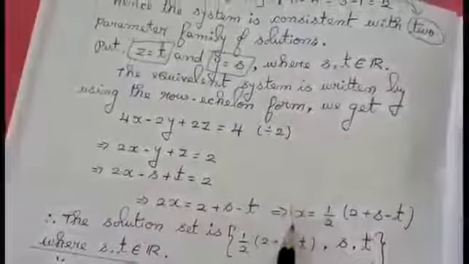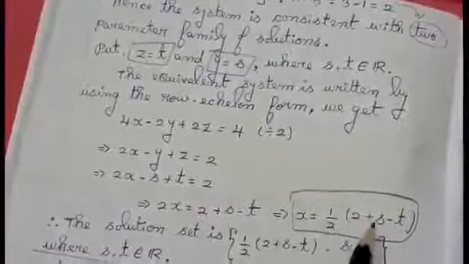Simplifying, x is equal to 1 by 2 into t plus s minus t. That is, the solution set is x, y, z, replacing the values for x, y and z, where s, t belong to R. Since we are getting infinitely many solutions, the solution will be of this form, and we will be giving values for s and t. We will get an infinite number of solutions.